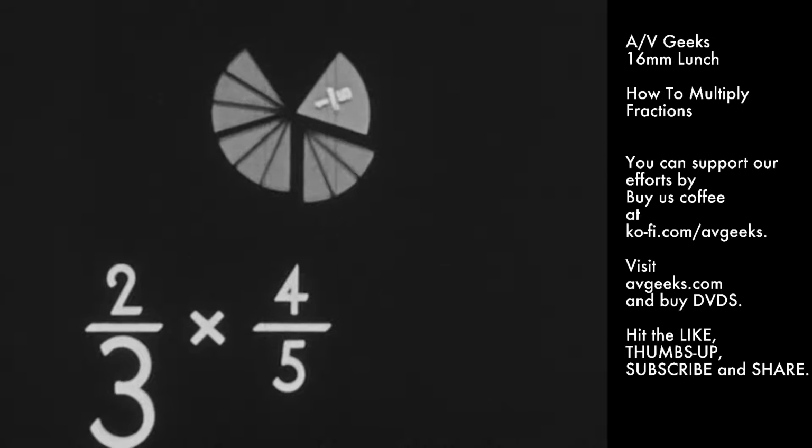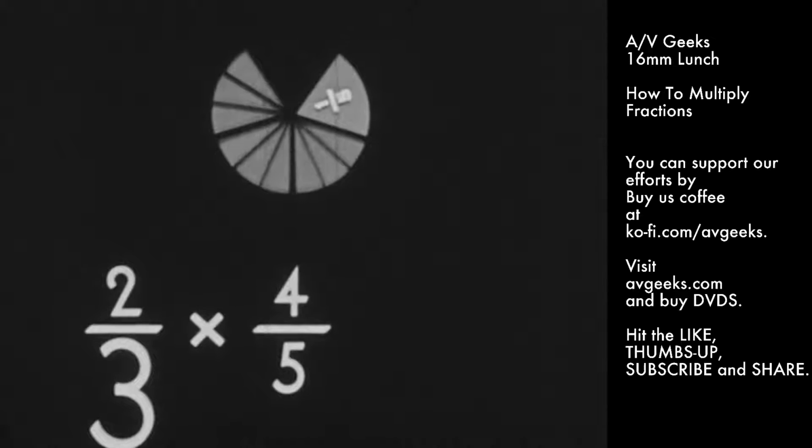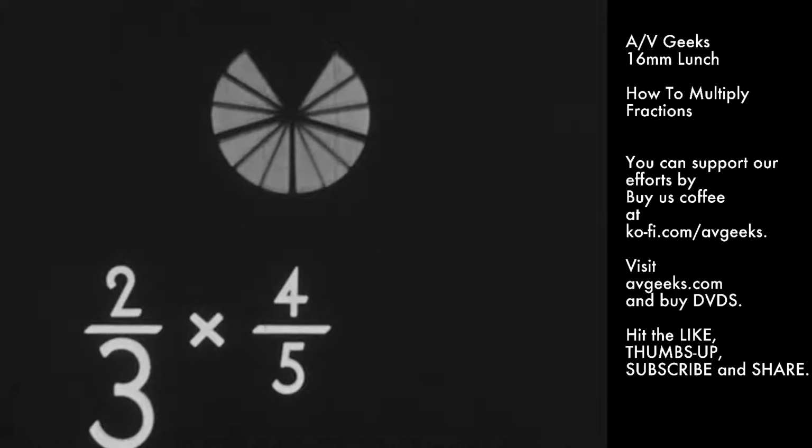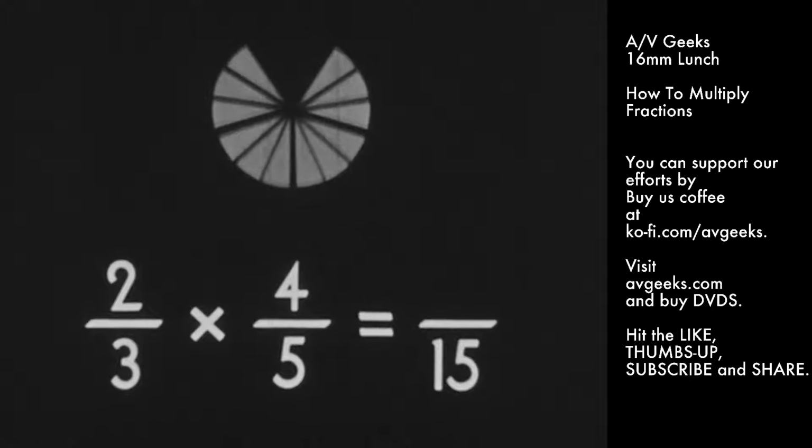The parts were fifths. These new pieces are 3 times as small. 3 times 5 equals 15. So the new pieces are 15ths. The numerator of the fraction we are multiplying by is 2.